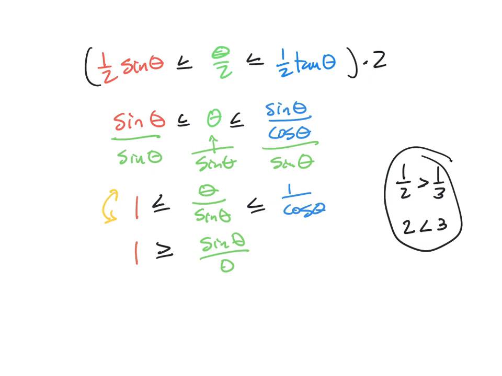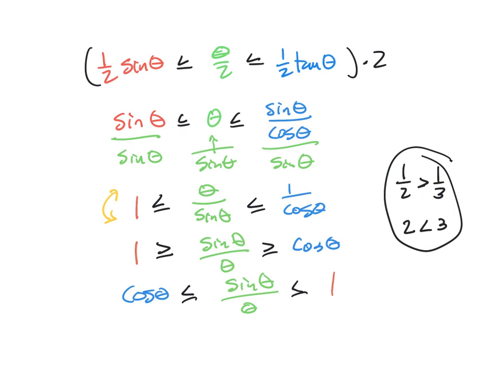And I'll flip 1 over cosine, and I'll get cosine theta. Okay. And just for clarity, let's write this in the familiar direction, which is cosine theta is less than or equal to sine theta over theta, which is less than or equal to 1.